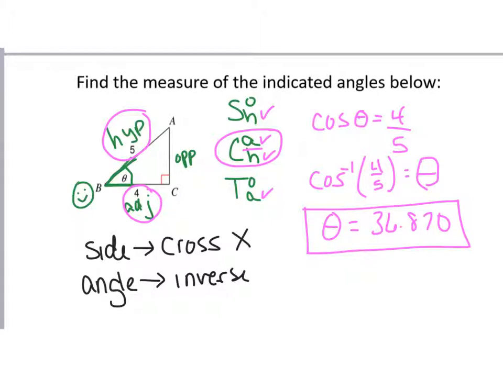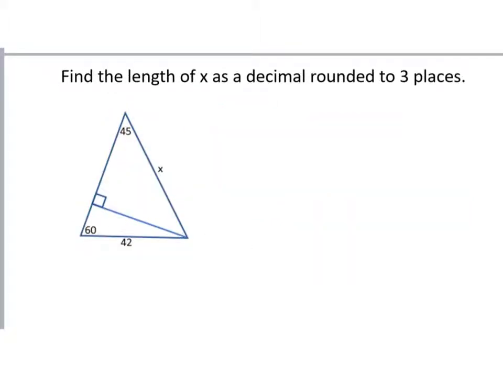All right, let's look at the next one. Find the length of x as a decimal rounded to 3 places. So this one we could use trig, okay? The first thing I need to do is look at this triangle here. And I can say, all right, I'm standing here.